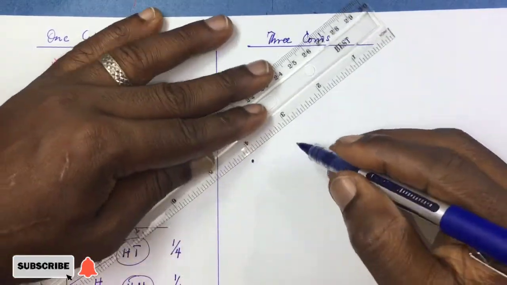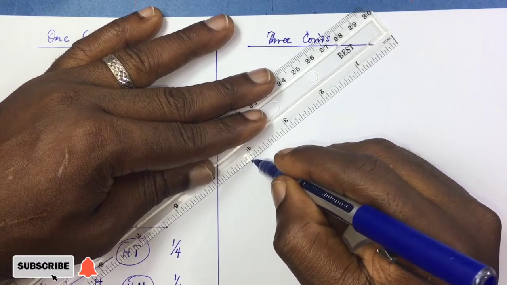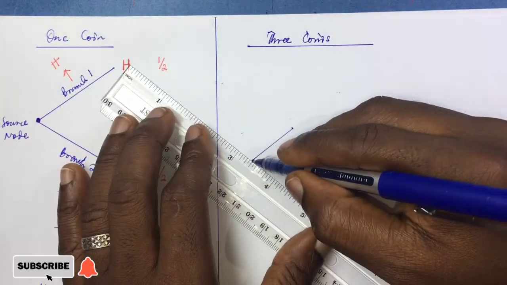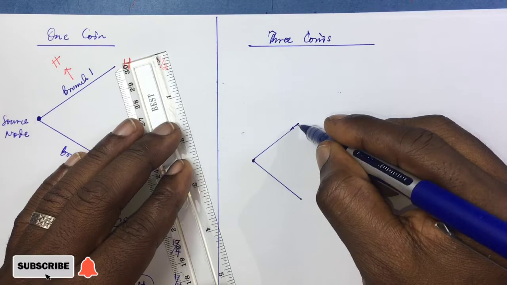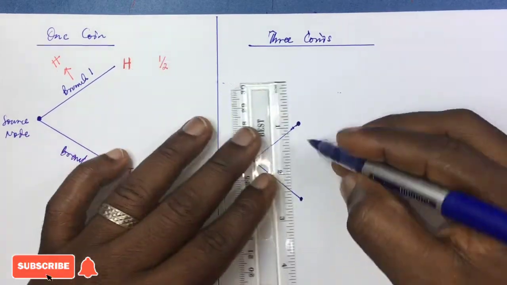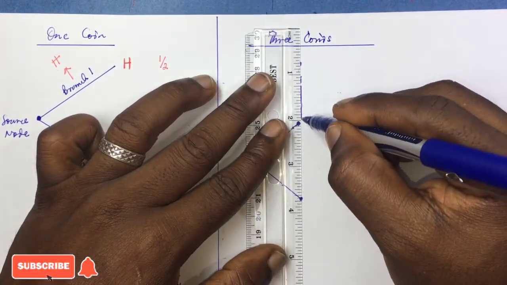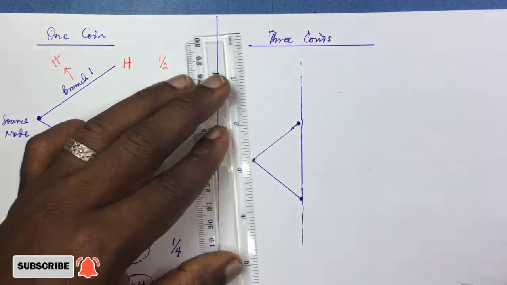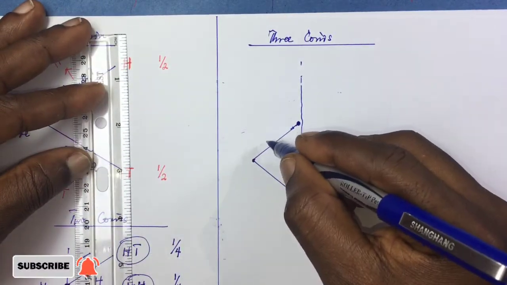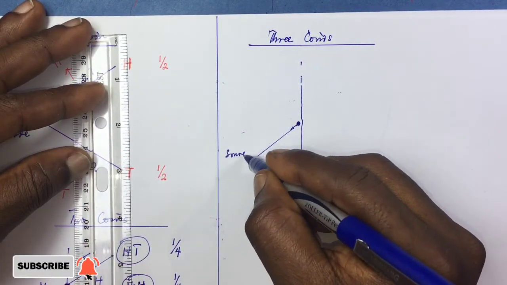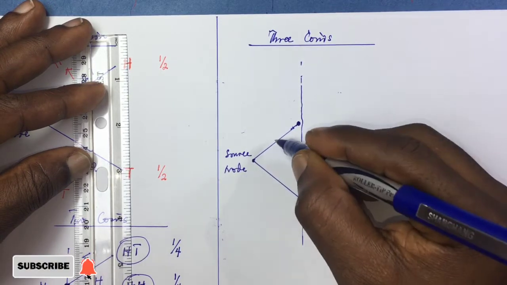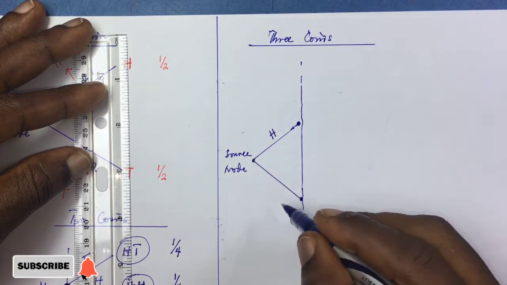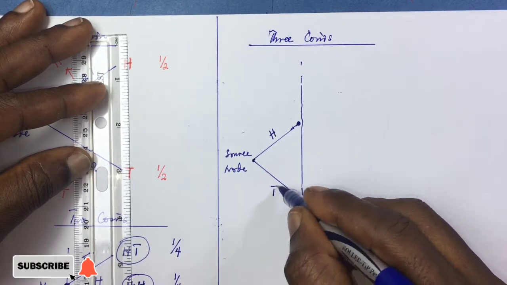So, we would have the first stage will be for the first coin, okay? So, let's call this a stage. For 2 coins, there were 2 stages. Now, this is the source node where it all begins, and you could choose this branch to be a head and this will be a tail.